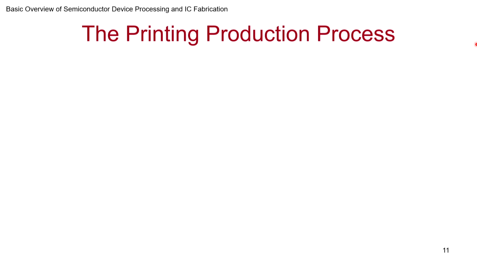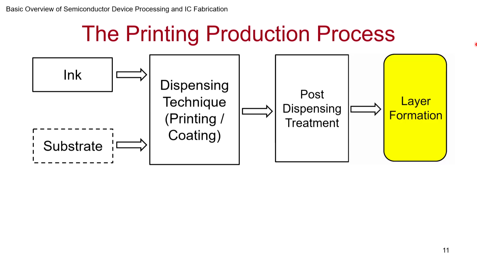The printing production process, if you look at it, can be summarized in this manner. To get an overview, two things are needed to start with. First, you need the substrate, and you may have to prepare the substrate, do whatever you need, and then you have the ink. These two together, you will want to dispense, and this is where the printing or the coating method comes in.